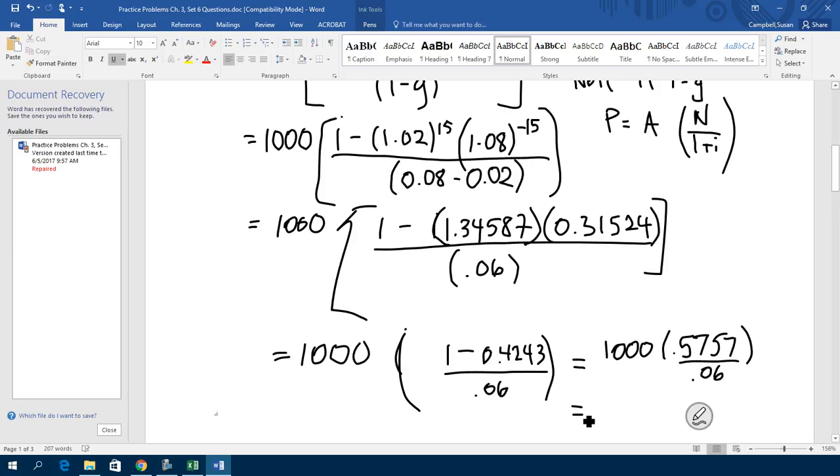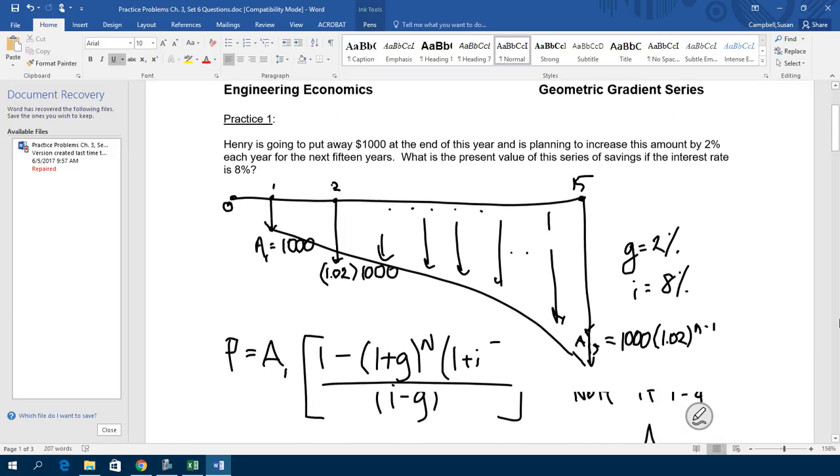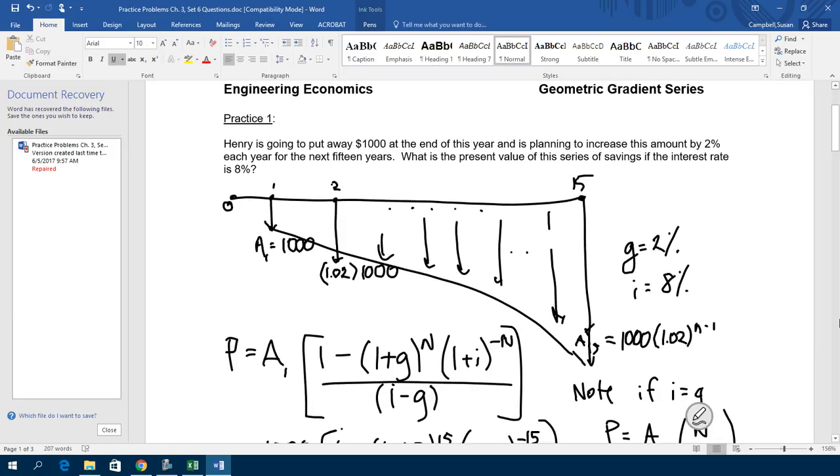And when I solve for this problem, I get 9595. So the solution to this problem is that this series of increasing payments is equivalent to, in year 0, a P of 9595.